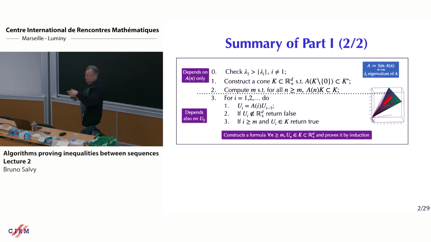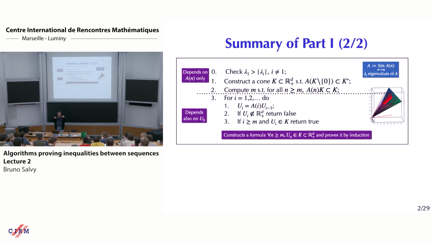And if you've gone beyond this index where the cone is contracted and you enter the cone, then you know that you will never leave it anymore. If the cone is positive, all the coordinates of the vectors are positive, then you've proved that your sequence is positive. So what this algorithm does is that it constructs a proof by induction of the positivity, and it proves the induction and the initial conditions.